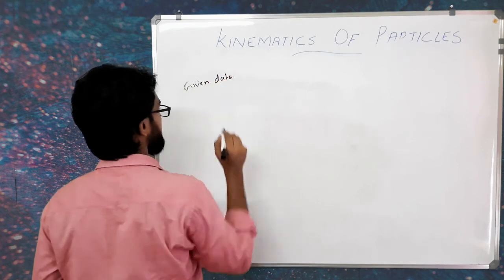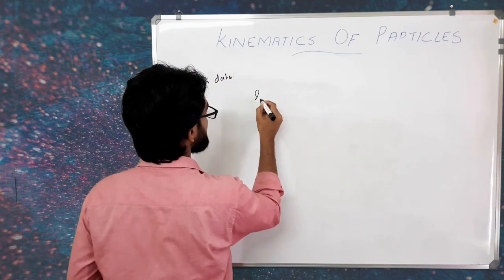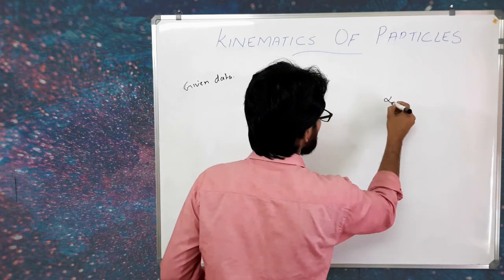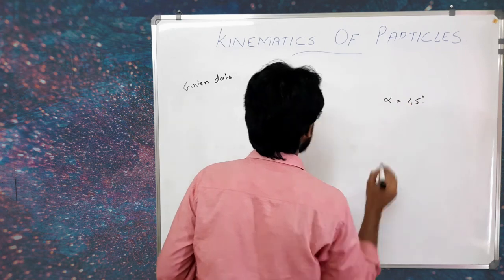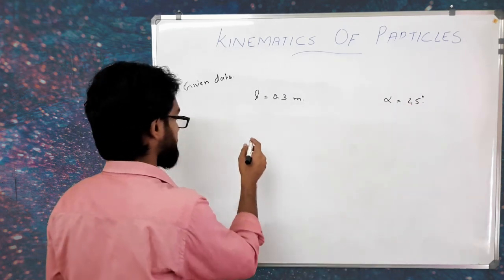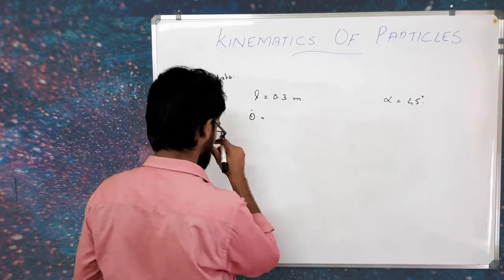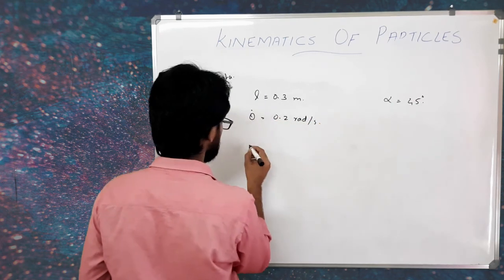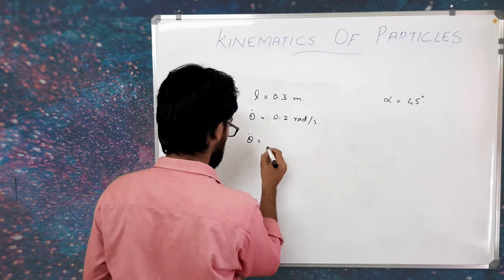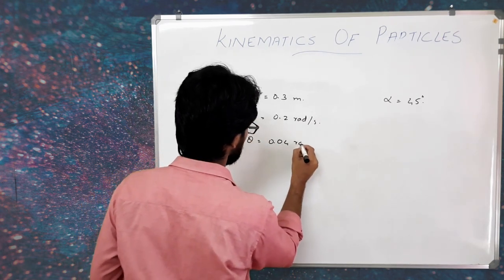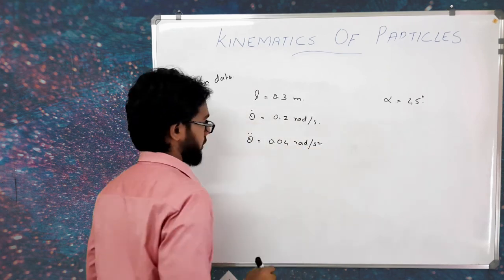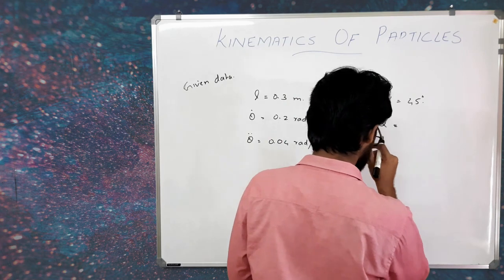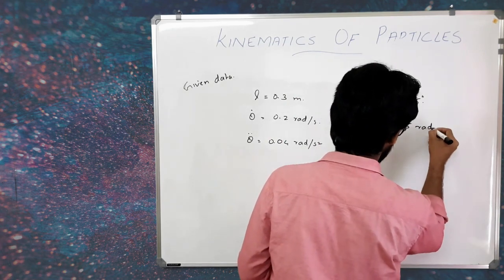The given data are L equals 0.3 meter, alpha equals 45 degrees. Then theta dot is given to you as 0.2 radians per second. Theta double dot is also given to you as 0.04 radians per second square. Alpha dot is given to you as 5 radians per second.